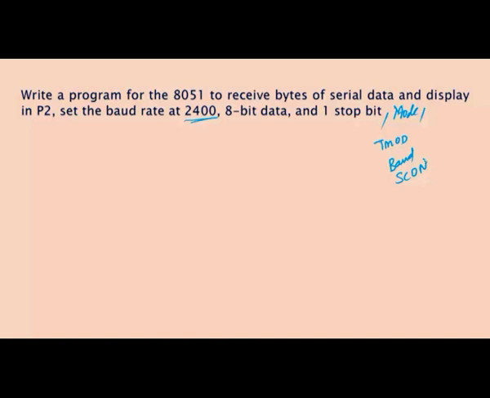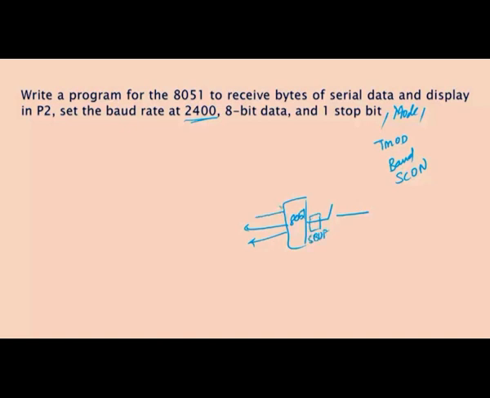So actually what it states is that I have connected one switch, and the data via this switch I want to store into port 2 and display it. So this is the 8051. Via the switch, the data automatically goes to SBUF, that is the internal function.